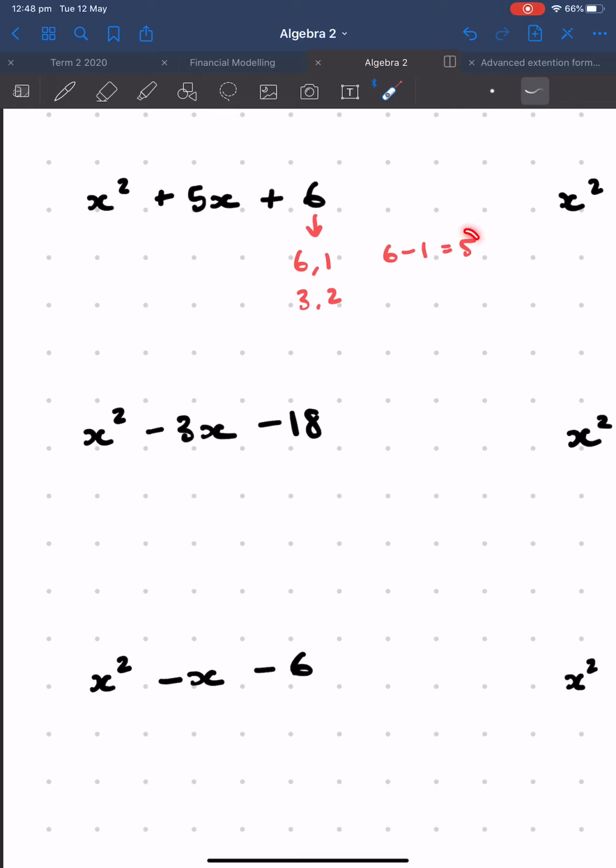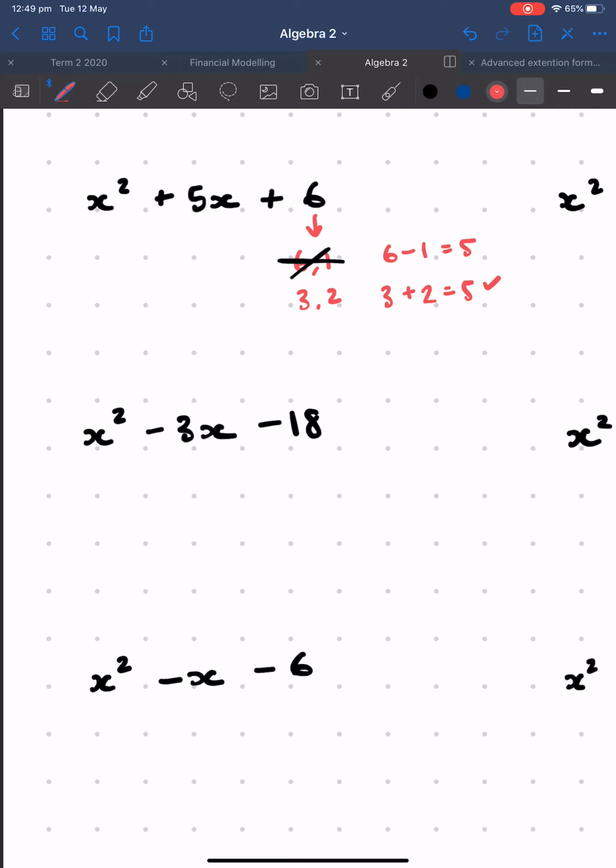Even though it works to make 5, now it no longer works to make positive 6 there. So it can't be 6 and 1. So we try 3 and 2. I could do 3 plus 2, that gives me 5. And 3 times 2, notice they're both positive, also equals positive 6, which is what I need it to be.